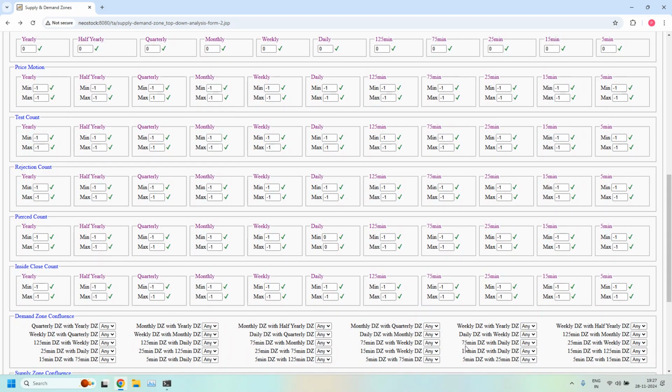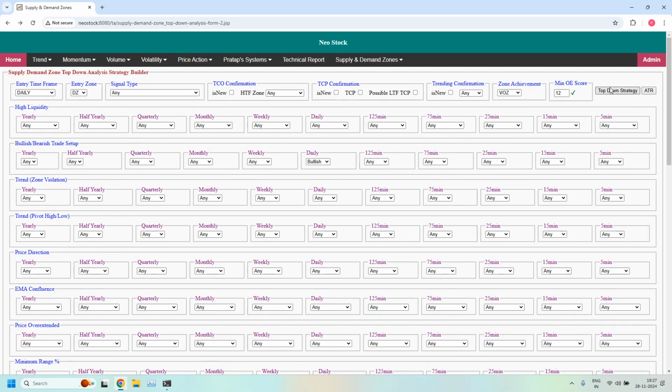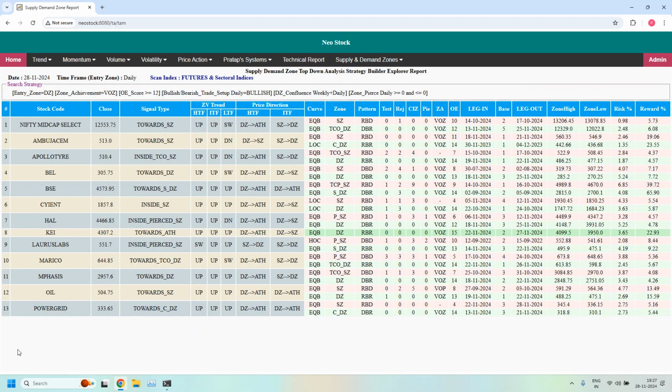That is nothing but daily and weekly demand zone confluence filter is enabled. With this filter, we got 13 stocks. All these 13 stocks, the entry time frame daily demand zones are part of the weekly demand zone.